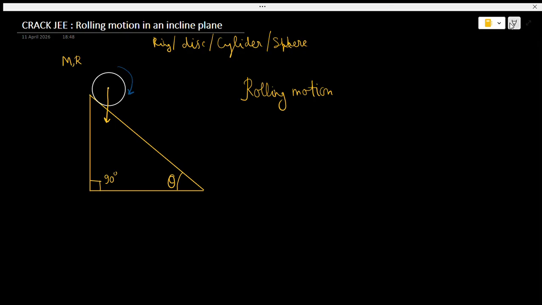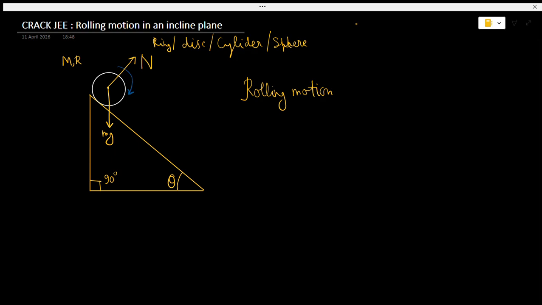Next, what will be there? A normal contact force n due to the inclined plane, perpendicular to the incline.